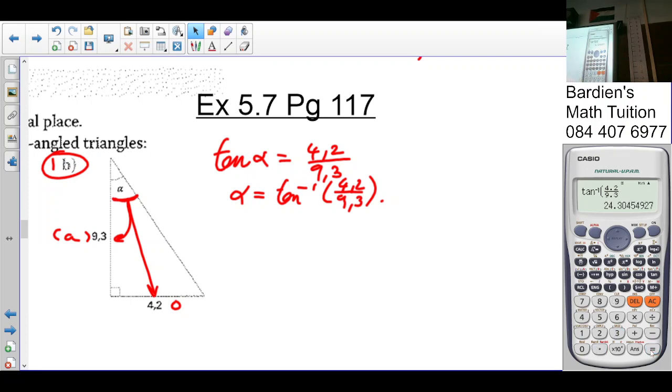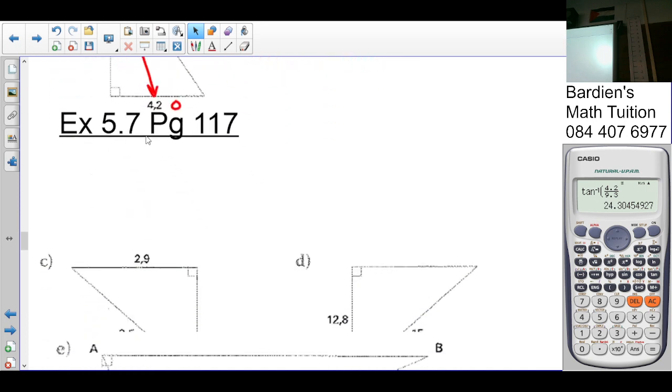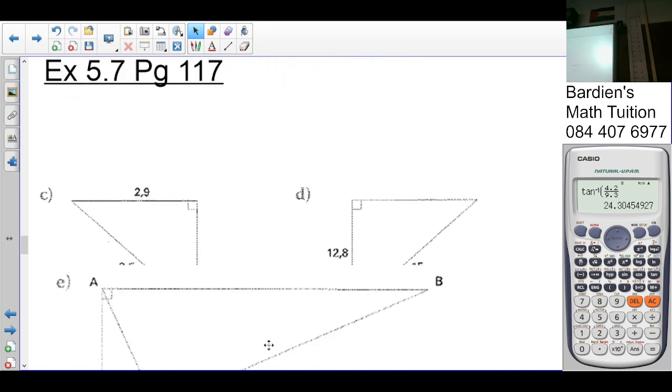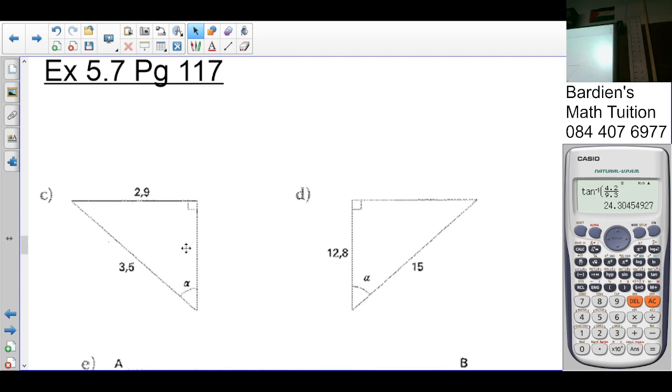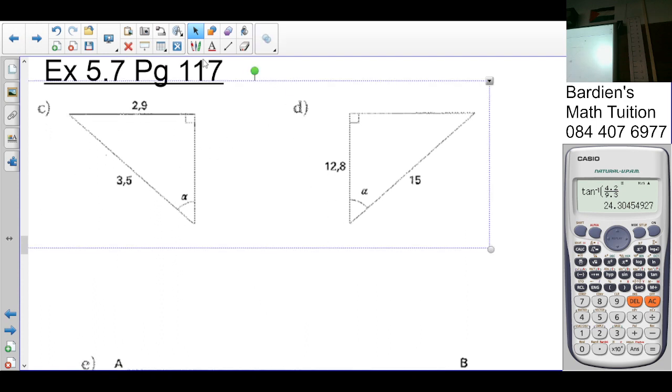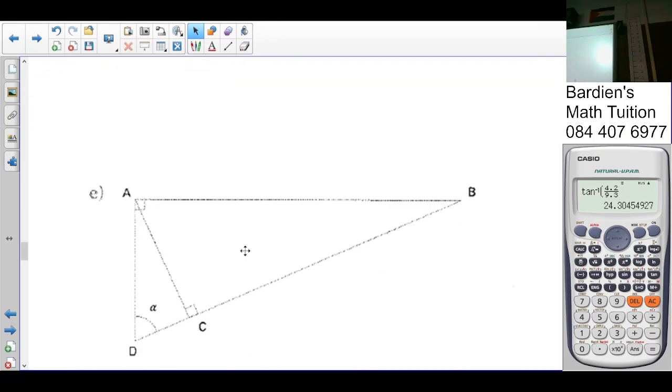It's 24,3 degrees. Okay. So C and D is fine, eh? Yes. E.